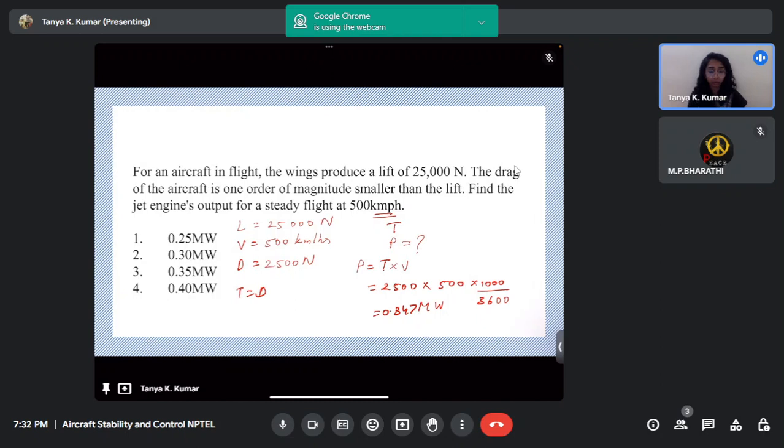Right? In megawatts, so it's about 0.35 megawatts. Just keep the units in mind when you try doing these questions.